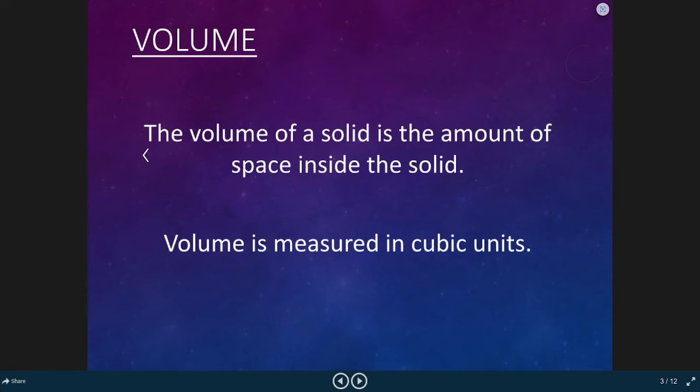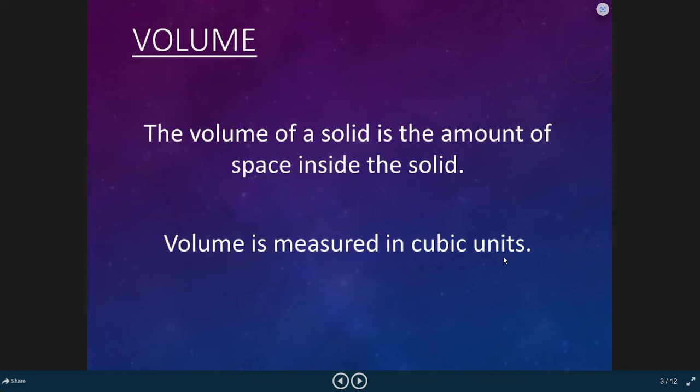The volume of a solid is the amount of space inside the solid. Volume is measured in cubic units.